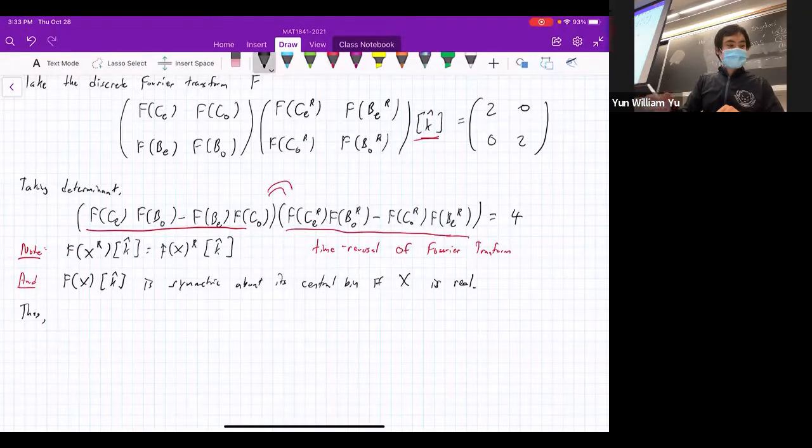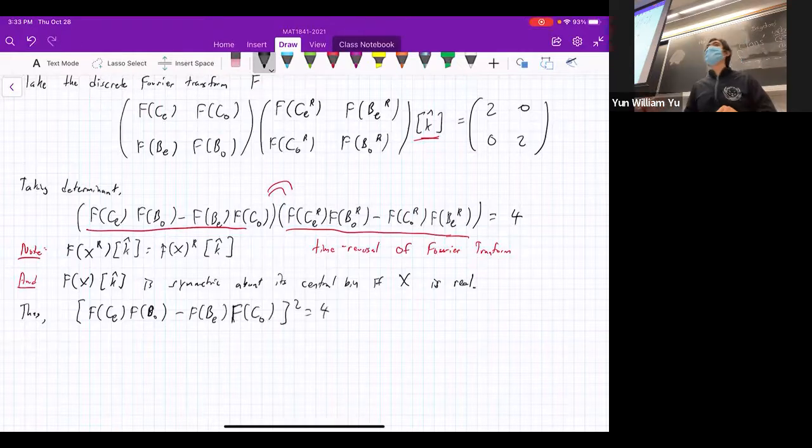And so thus, we know that f of CE times f of BO minus f of BE times f of CO, squared, is equal to 4. Without loss of generality, I'm going to say that the square root of 4 is 2.